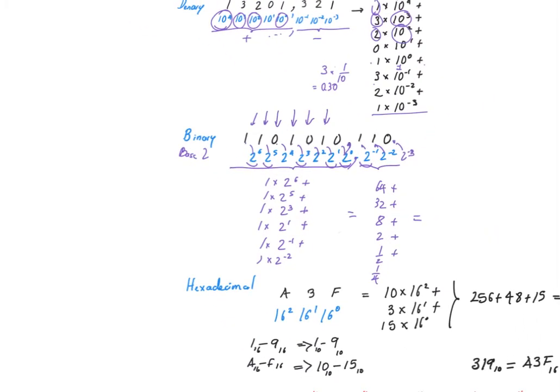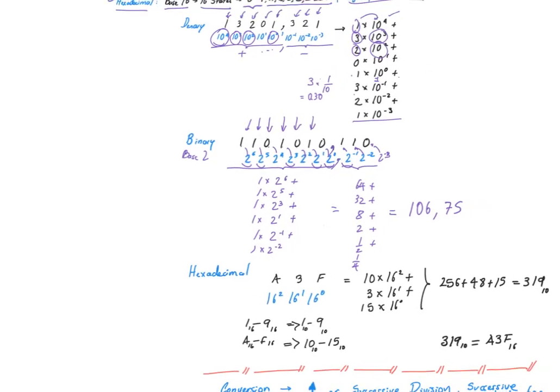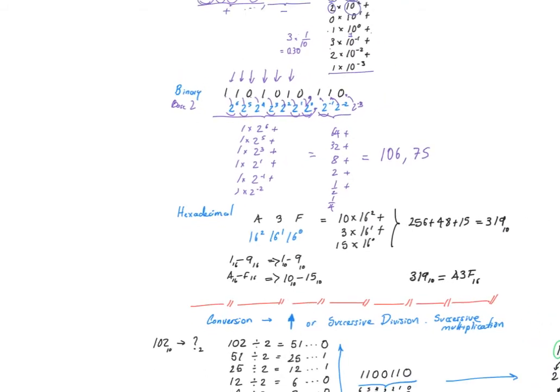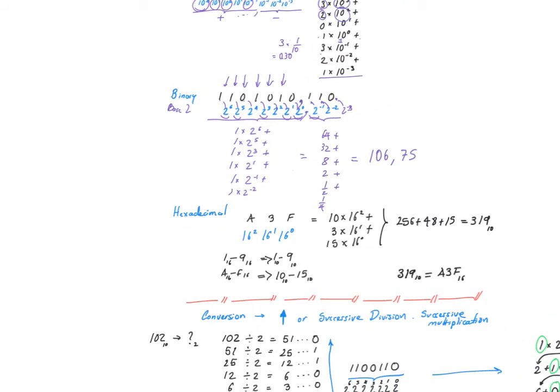So that should be 96, 104, 106. So this should be 106 dot 75, right? Okay. You're a very good mathematician, so I think you should understand that very easily.